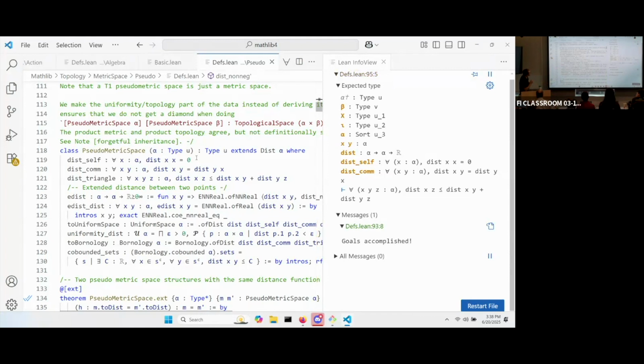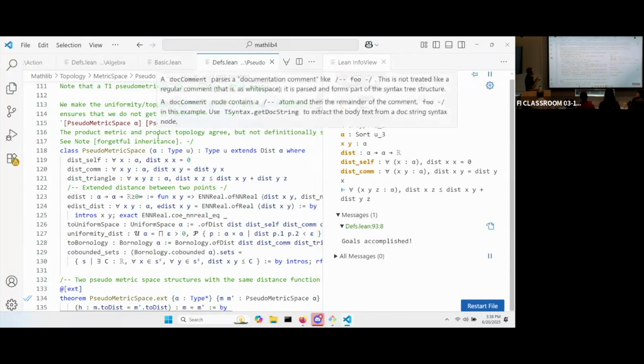Now, why is it doing this? Let's consider our example. We take R cross R, and we put a metric space structure on it. When we define the metric space structure, we have to provide as part of the data what the topology is.